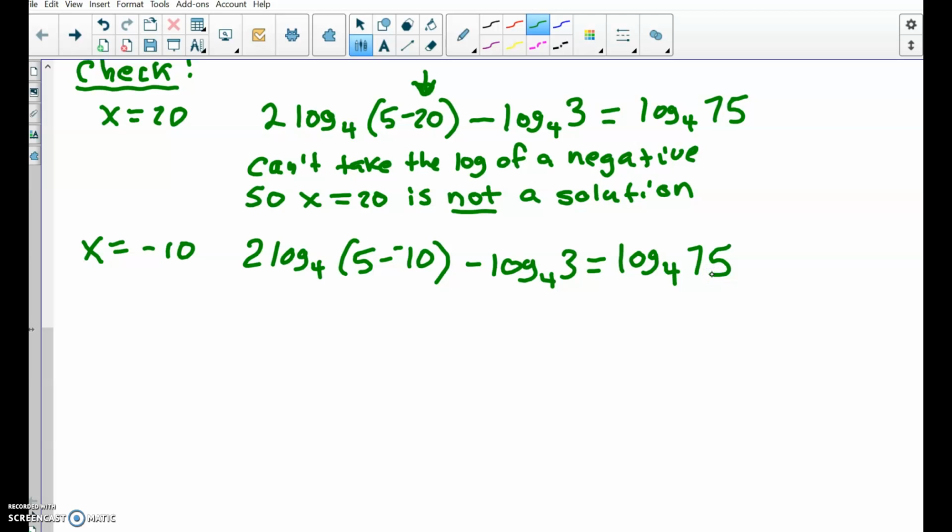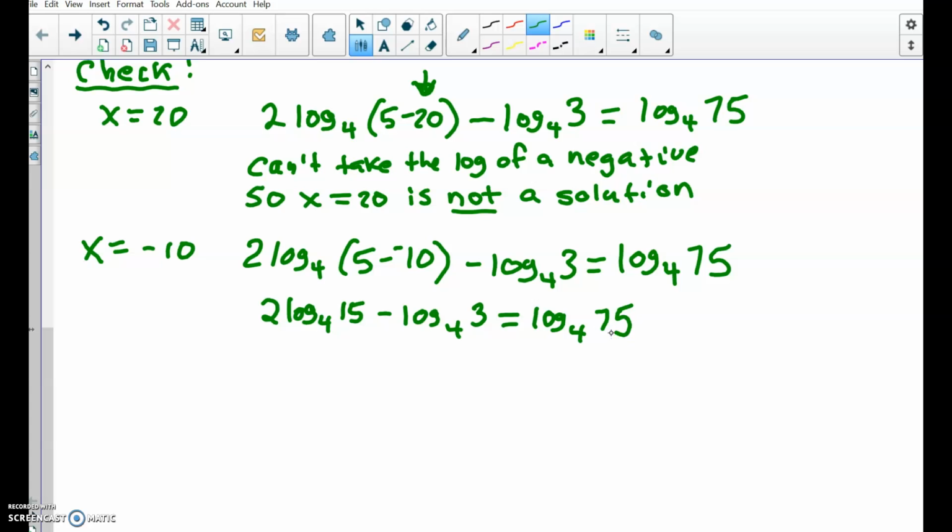Okay, so the minus becomes a plus positive. So I get 2 log base 4 of 15 minus log base 4 of 3 equals log base 4 of 75.